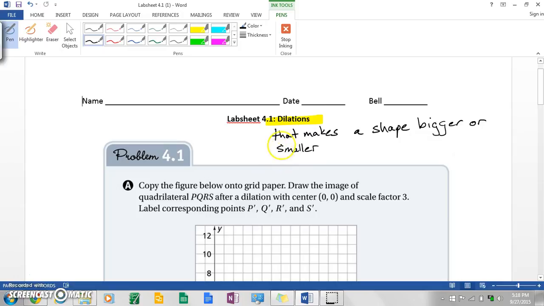A lot of people think dilations were just making shapes bigger. Dilation can actually make a shape smaller as well. Keep in mind, even though we make a shape bigger or smaller, the shape will still be similar.